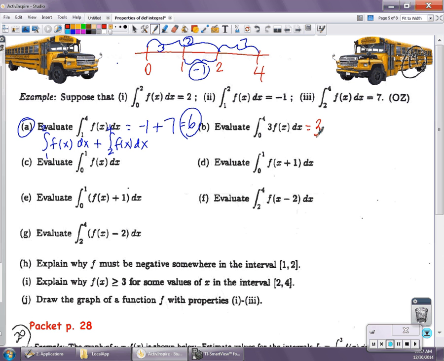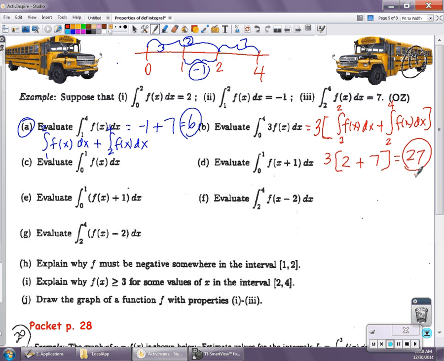And to go from 0 to 4, that's the same thing as 3 times the area from 0 to 2 of f of x dx plus 2 to 4 of f of x dx, which is 3 times, 0 to 2, the area is 2; 2 to 4, the area is 7. 2 plus 7 is 9 times 3 gives me a net area of 27.